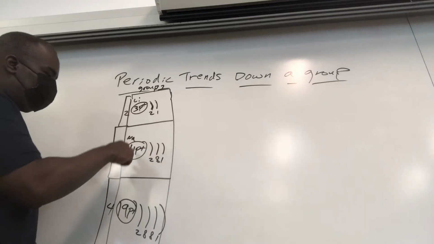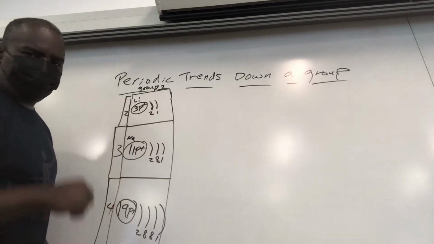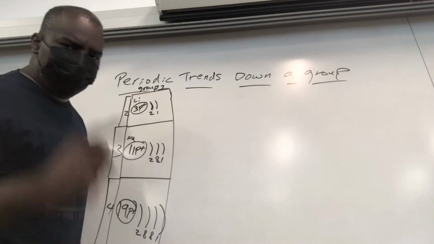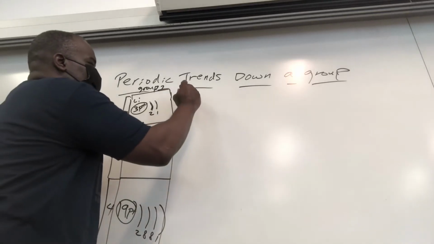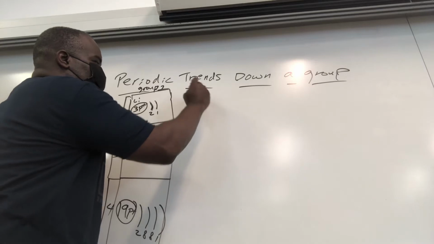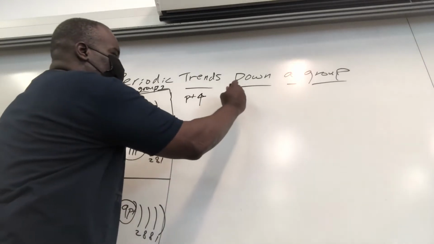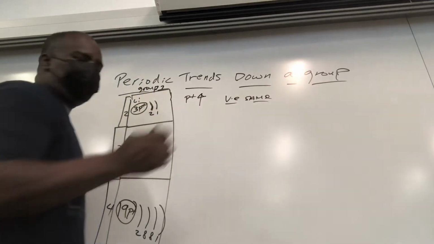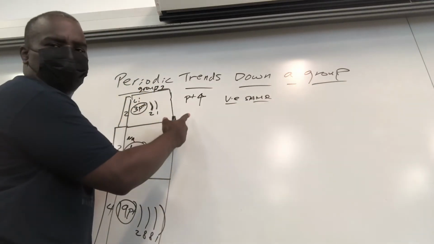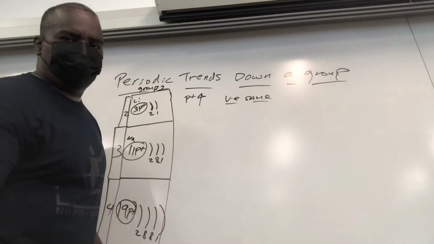As we go down the group, progressively, we notice the number of protons is increasing. So the protons are increasing, the valence electrons are the same. So you might think, yay, since the protons are increasing, the attraction should increase, right?